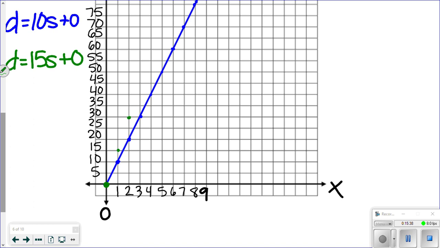Keep going. And then again, you can use a straight edge to connect these. Jerome's line is a little bit steeper. He's riding a little bit faster.